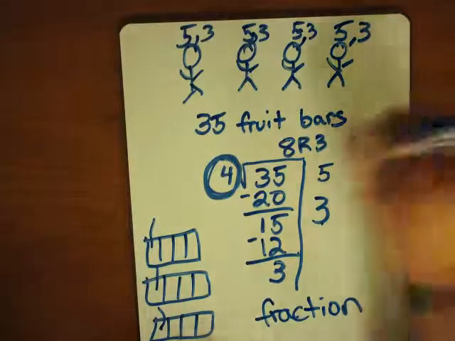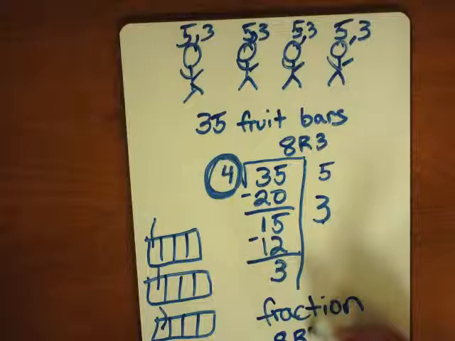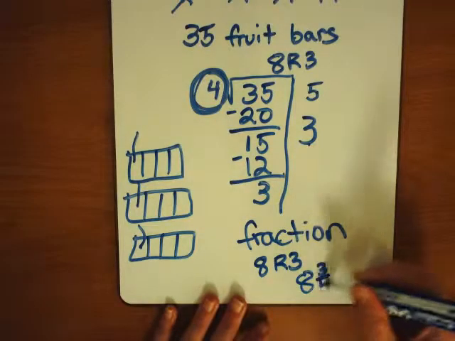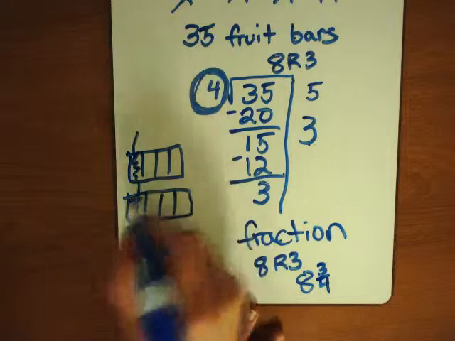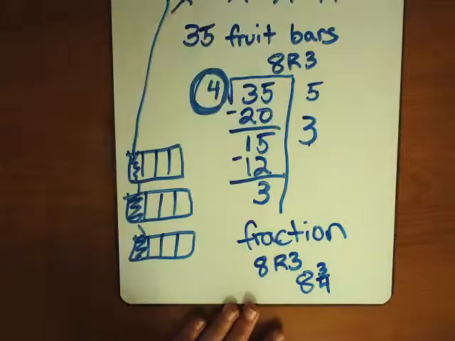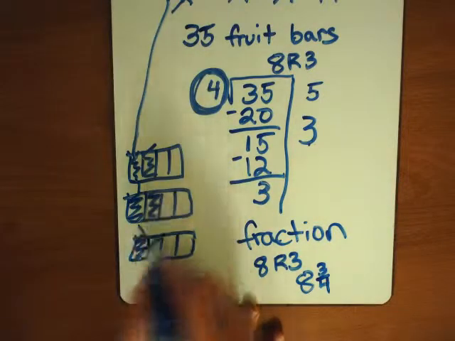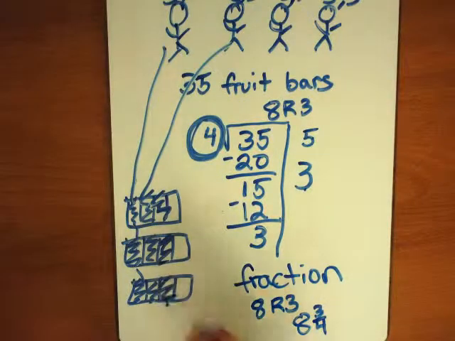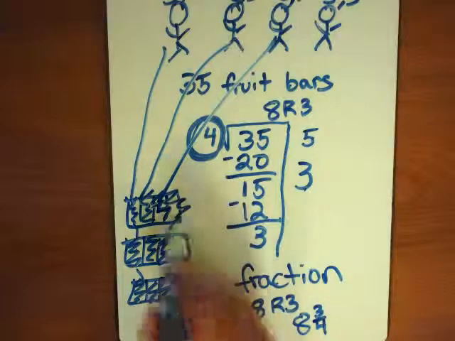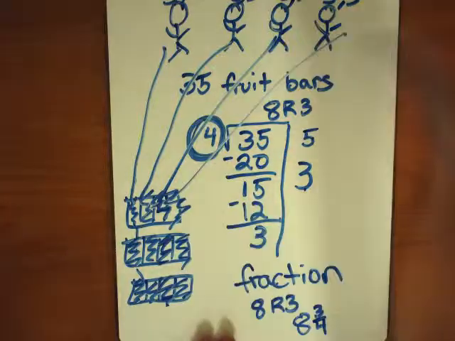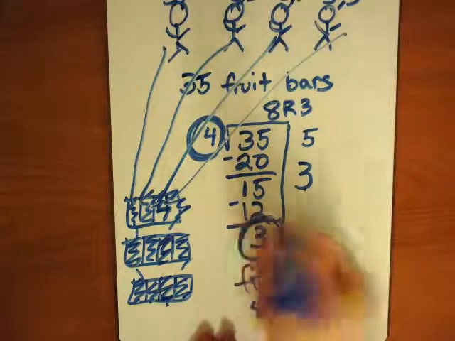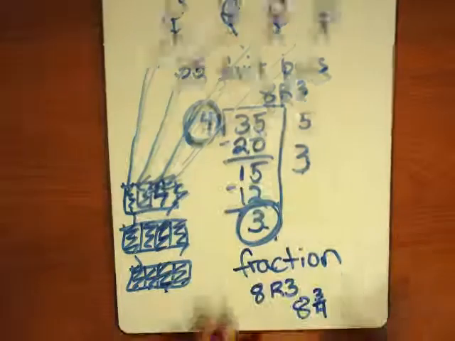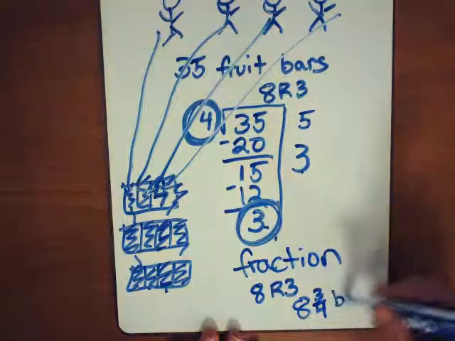So the answer to this, instead of 8R3, will be 8 and 3/4, because they got 1/4, 2/4, 3/4 went to this boy. 1/4, 2/4, 3/4 went to this boy, where I can simply put my numerator over my denominator, or 8 and 3/4 bars.